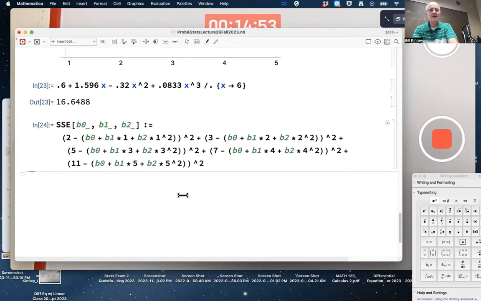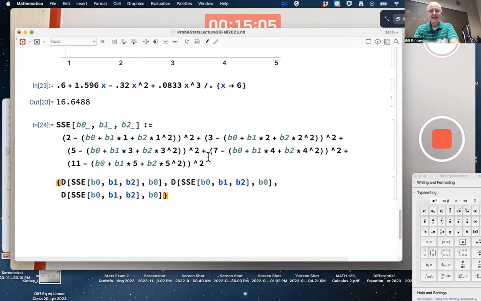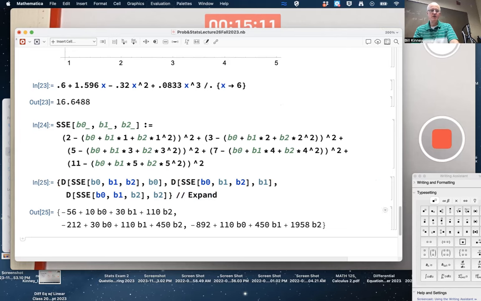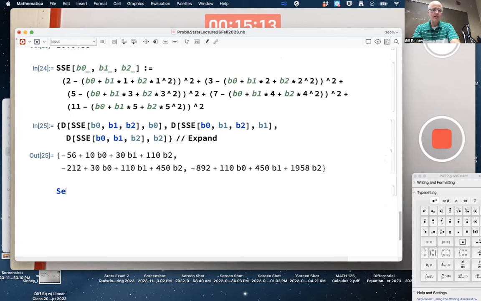And once again, I could take some derivatives. I'm going to do it all in one line here. Of a multivariable calculus function of 3 variables. Get 3 partial derivatives that I got to set all those equal to 0, and solve for B0, B1, and B2.